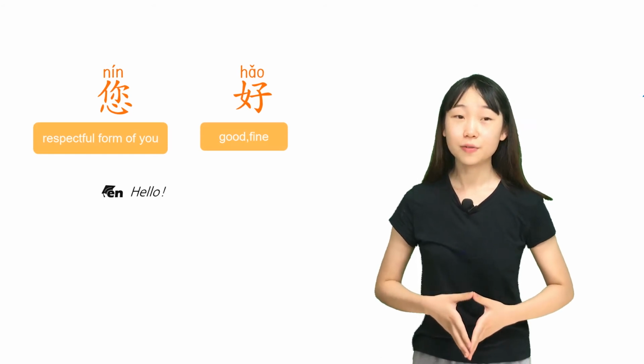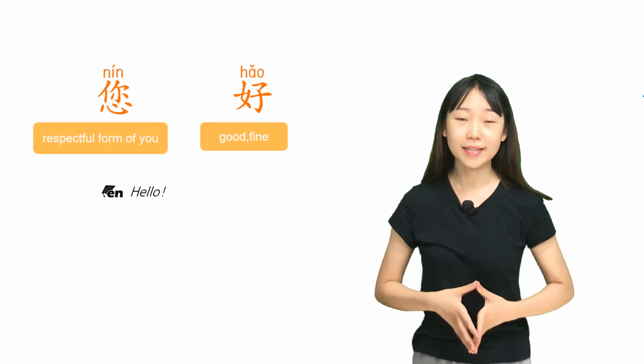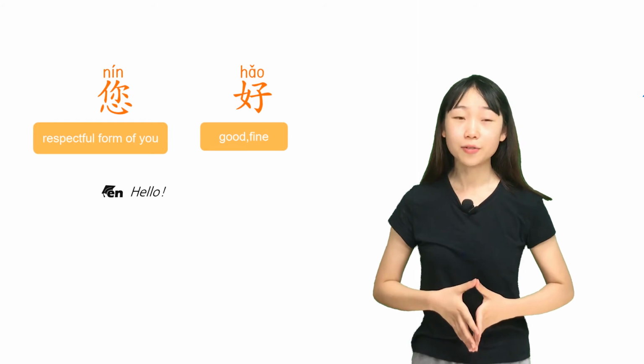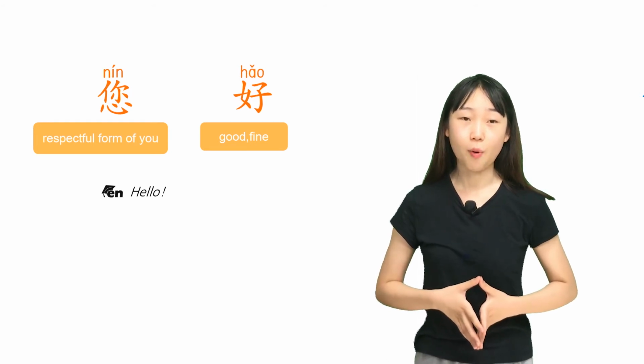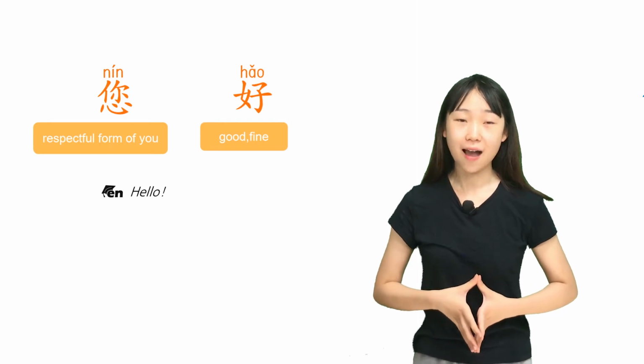When we say hello to people who are older or in higher position than us, we say 您好 to show our respect. So, if you want to be more polite to others, like your boss or teacher, when you meet them, you can say 您好.